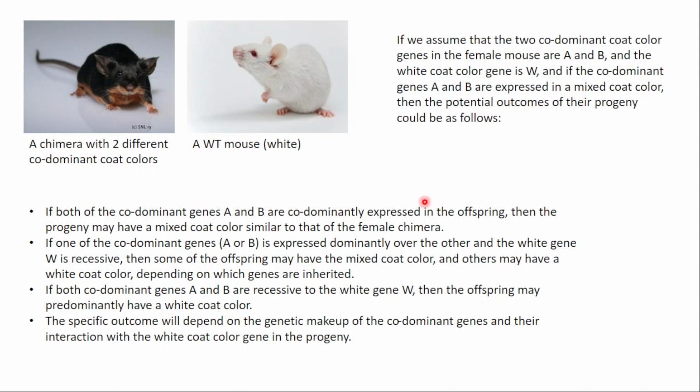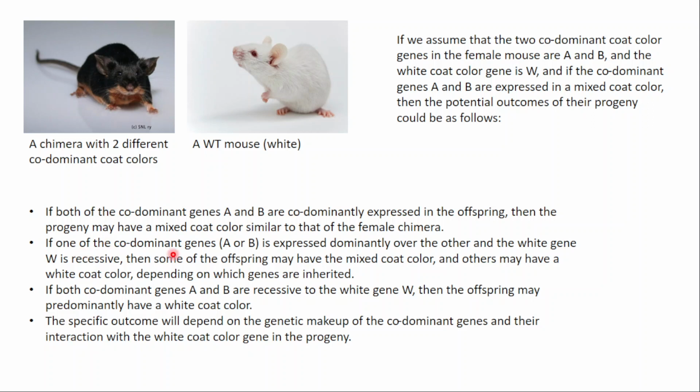The offspring can have either sole expression of A, sole expression of B, or expression of both A and B. Since white color is a wild type allele, this chimeric coat color will be dominant over the white. So the offspring having expression of both genes A and B will have a similar mixed coat color as its mother. So this is one possibility, but this is not the total possibility.